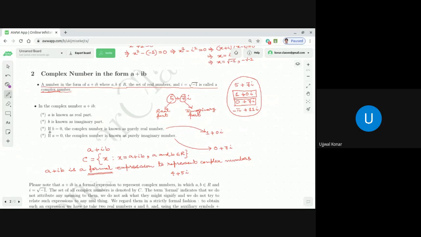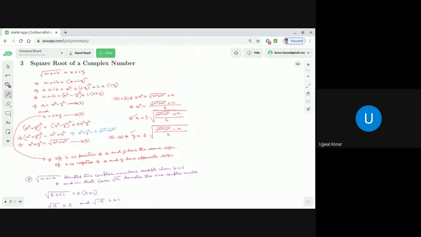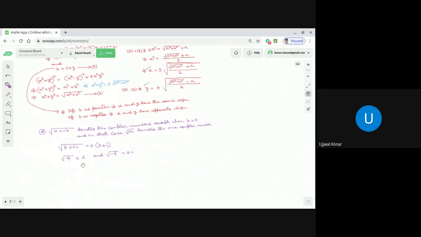If b is equal to 0, then this complex number is known as a purely real number. Correct? And what we did here? We got 2. 2 is nothing but 2 plus 0i. 2 plus 0i is a complex number, but more specifically we can say it is a complex number whose imaginary part is 0. Clear or not clear?